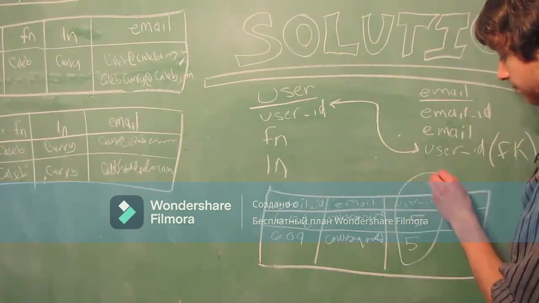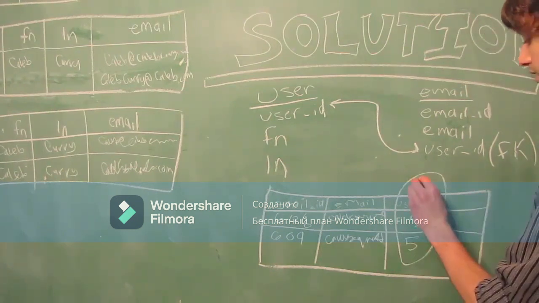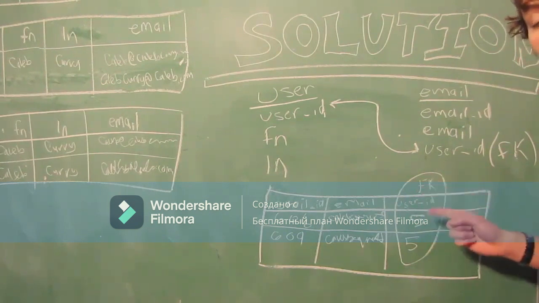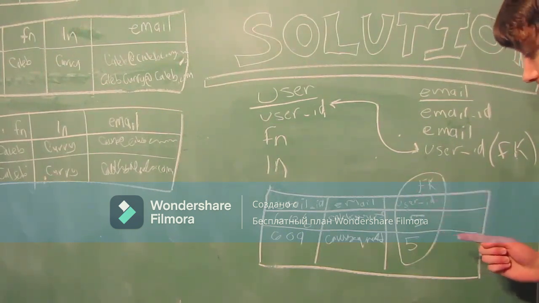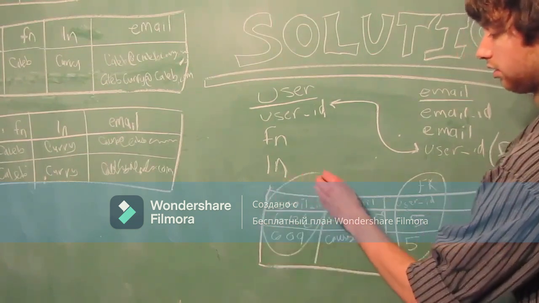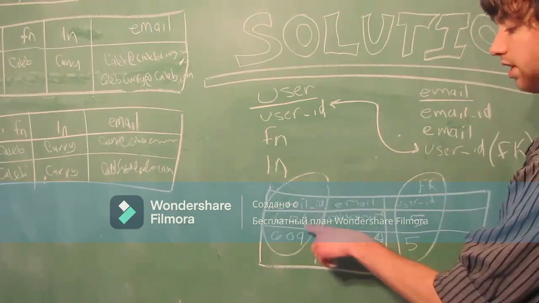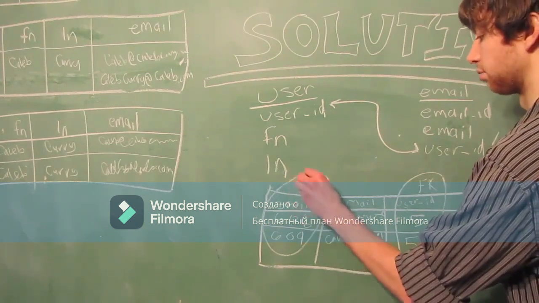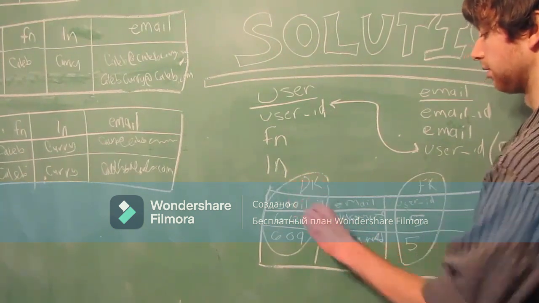This repeat right here, this is okay because this is a foreign key. And multiple emails are allowed in this situation. This email ID, this is not okay to repeat because each individual number should be a separate email because this is the primary key of the email table.